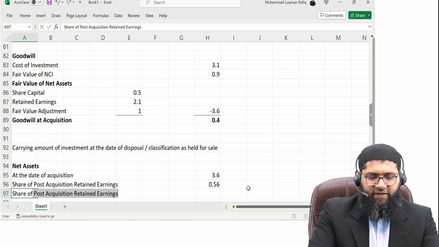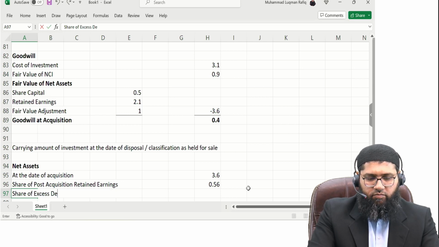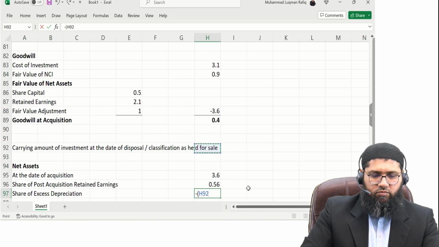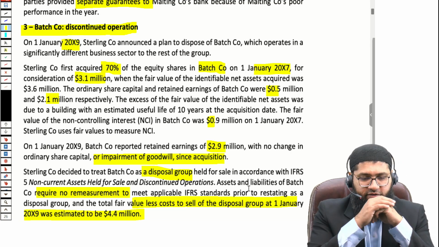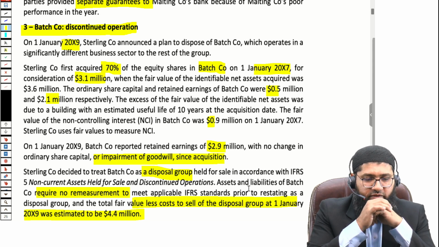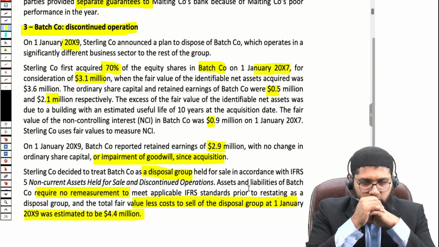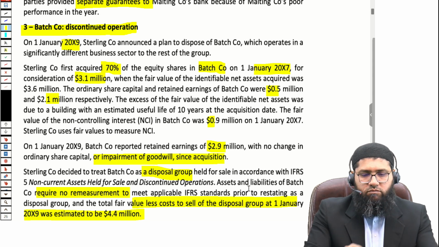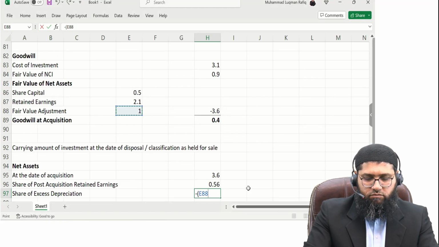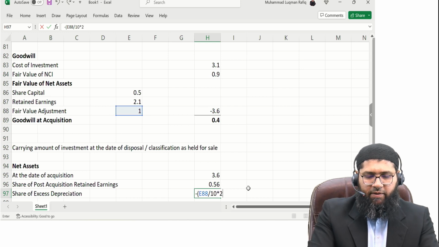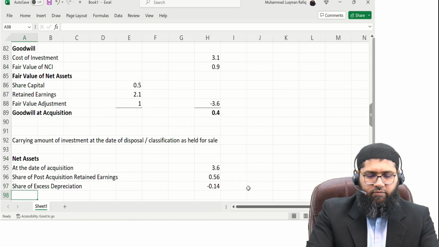Share of excess depreciation is going to be minus 1, which is the fair value adjustment. 10 years was the life. Divided by 10 multiplied by 2 multiplied by 70%.